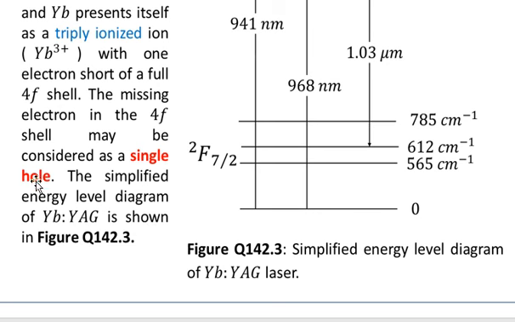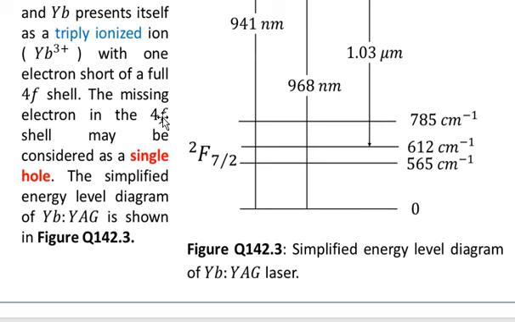And you know that this single hole which is created in the 4f shell may be considered as a single electron as far as the spectroscopic notations are concerned. So we have a single electron in a 4f shell. And when we have f, it means that the value of capital L is equal to 3.